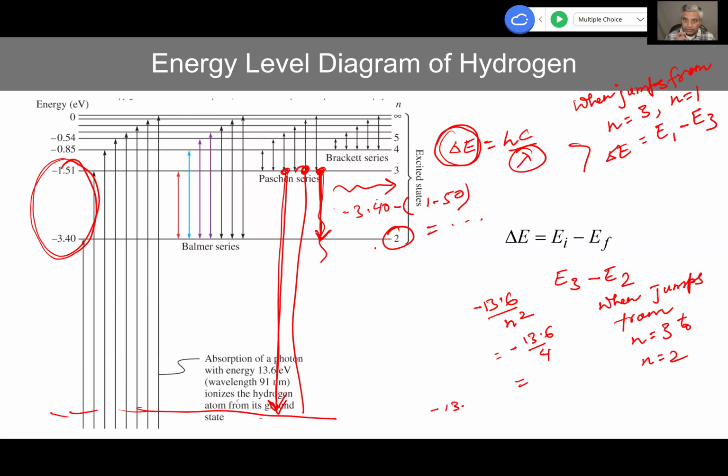So for example, we have a light bulb. How do light bulbs emit energy? Basically, this is what is happening. You supply electricity, it becomes excited, we say. It absorbs the energy and gets excited, goes to a higher level and comes down.